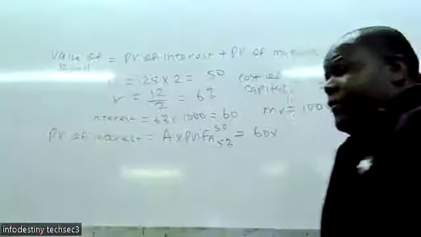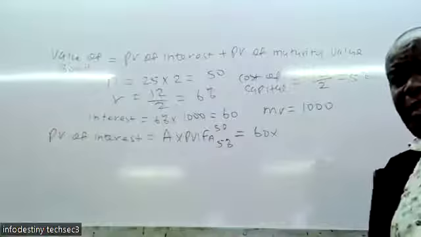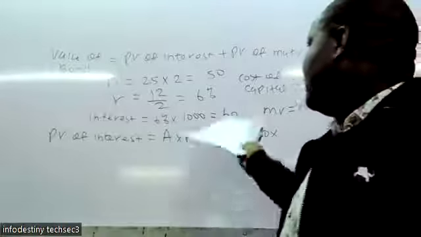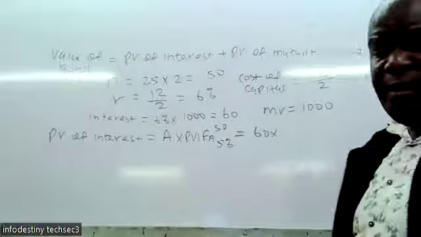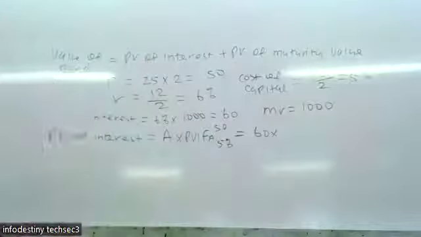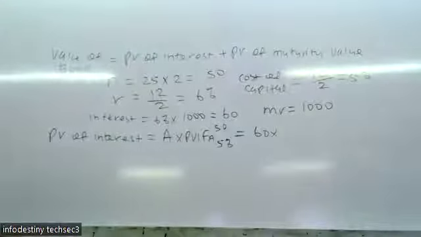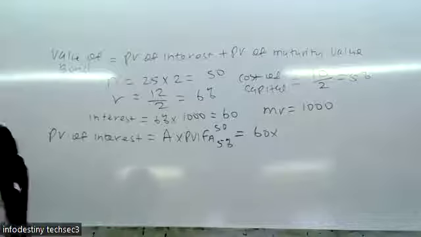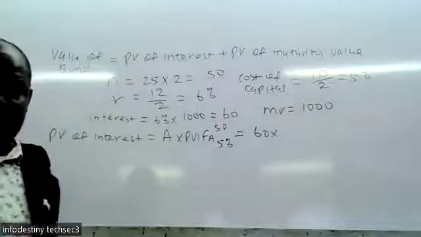So I would like you to check in your annuity table what is 5% in period 50.